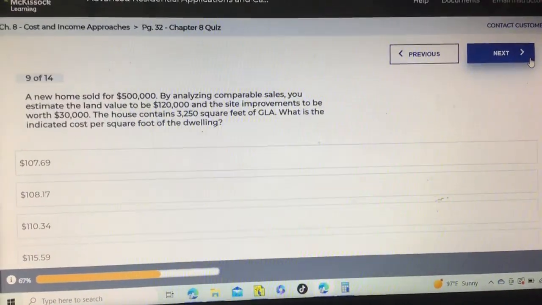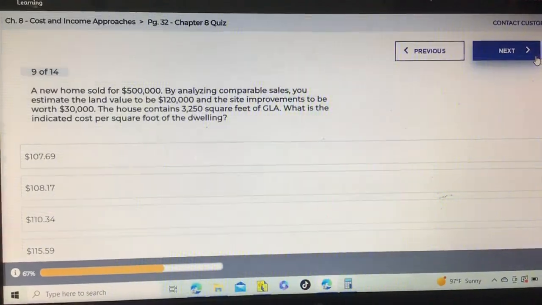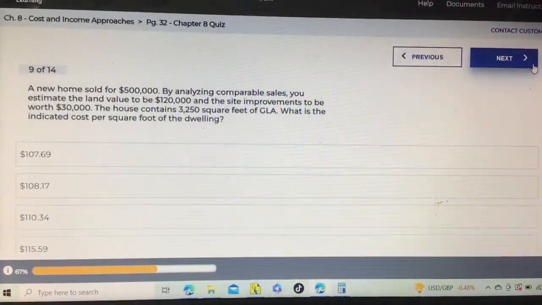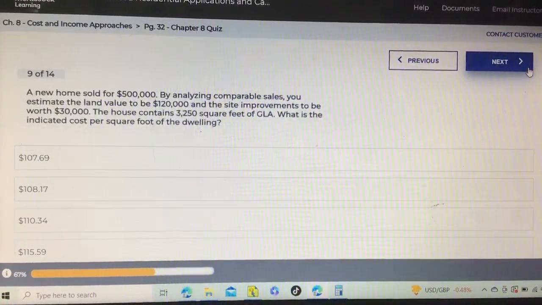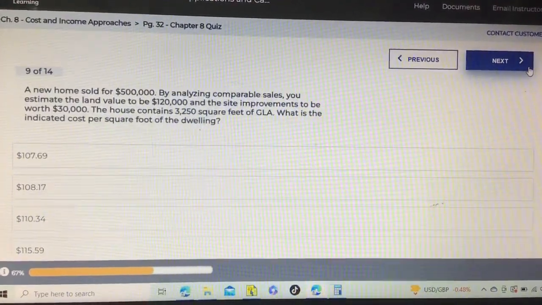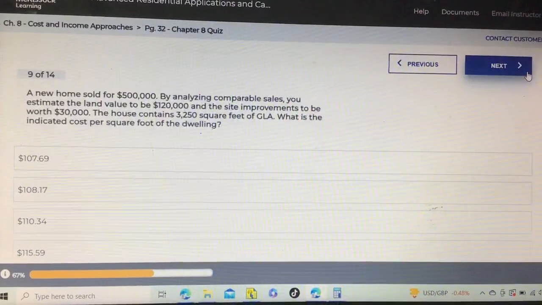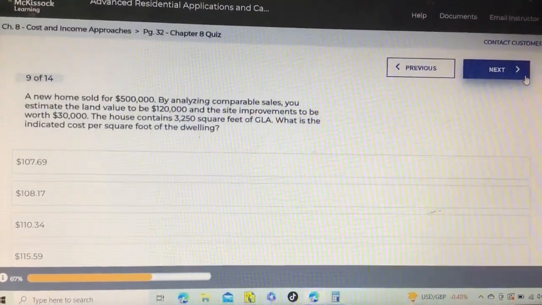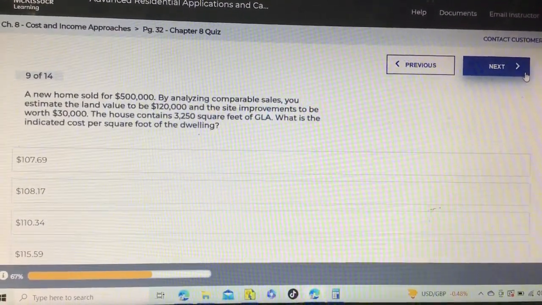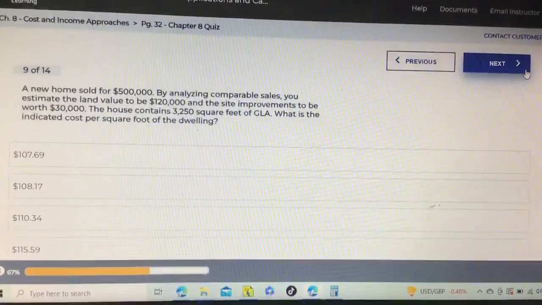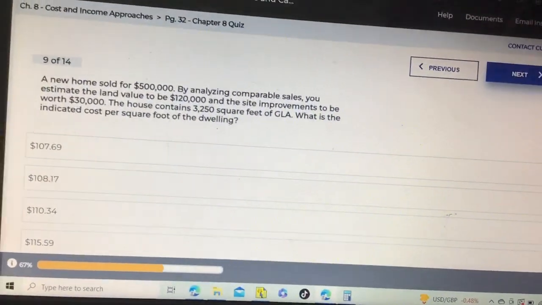What is the indicated cost per square foot of the dwelling? A, $107.69. B, $108.17. C, $110.34. Or D, $115.59.